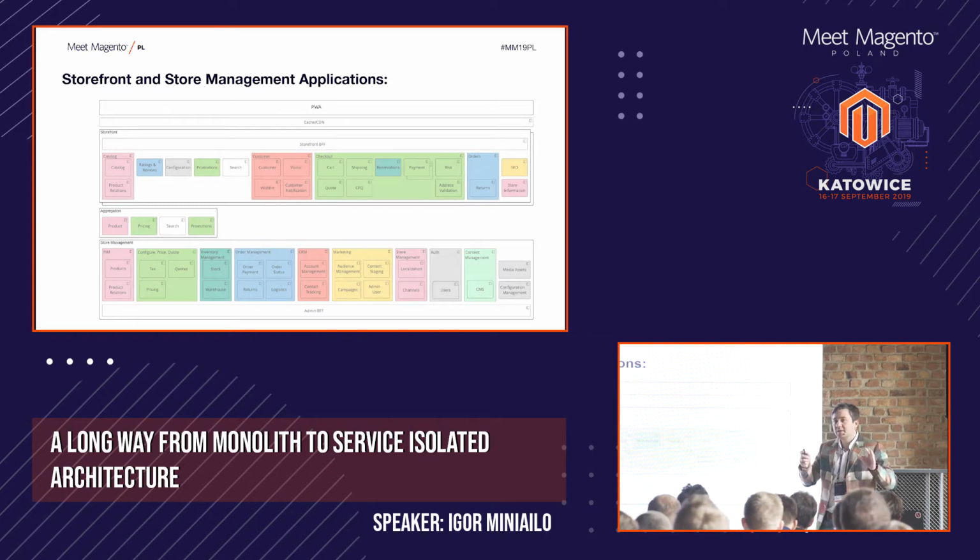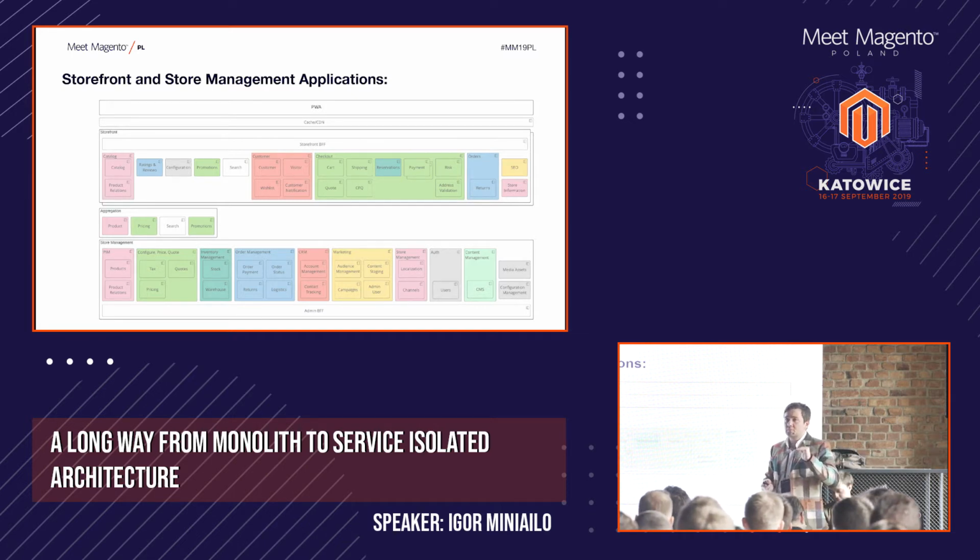Especially high-end merchants, big enterprise merchants, have really strong requirements for scalability. And usually these merchants consider Magento as a flexible storefront, which they want to integrate with an already existing e-commerce solution like SAP, Oracle, Microsoft Dynamics, or other ERP systems they already have in place.